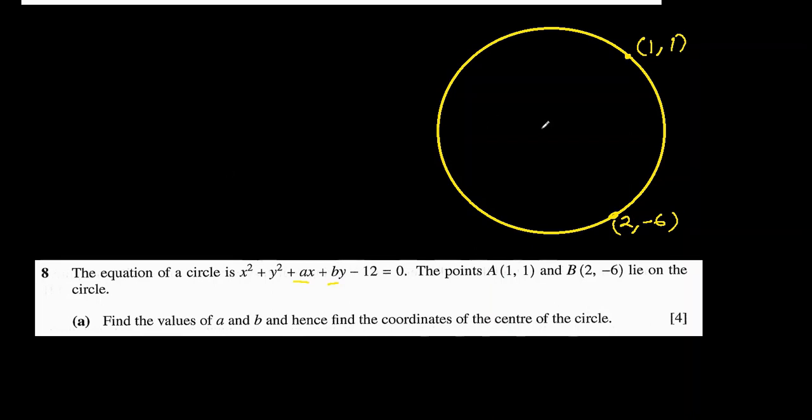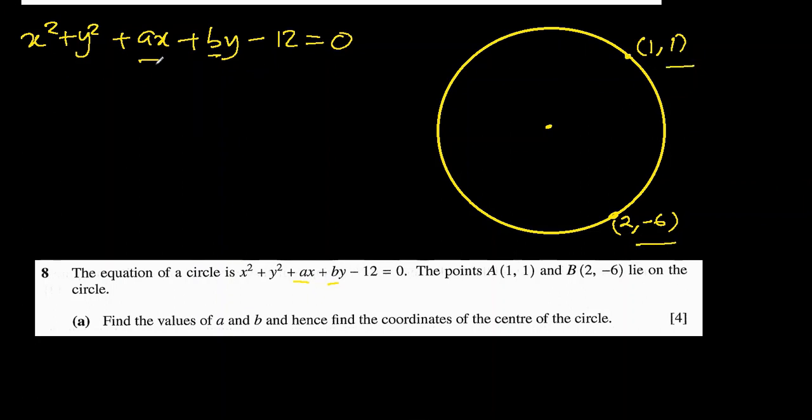So suppose this is the center and this is the equation: x squared plus y squared plus ax plus by minus 12 equals 0. To find the values of a and b, we will substitute these 2 points into this equation and we'll get 2 simultaneous equations, and then we can find a and b.